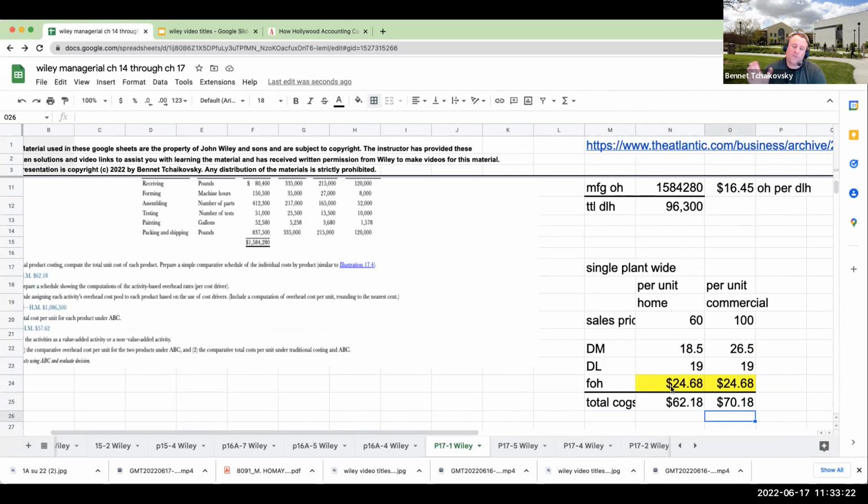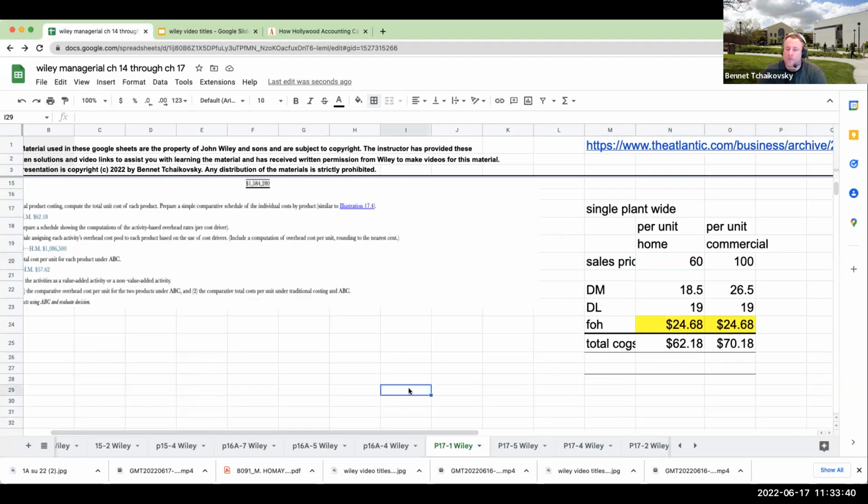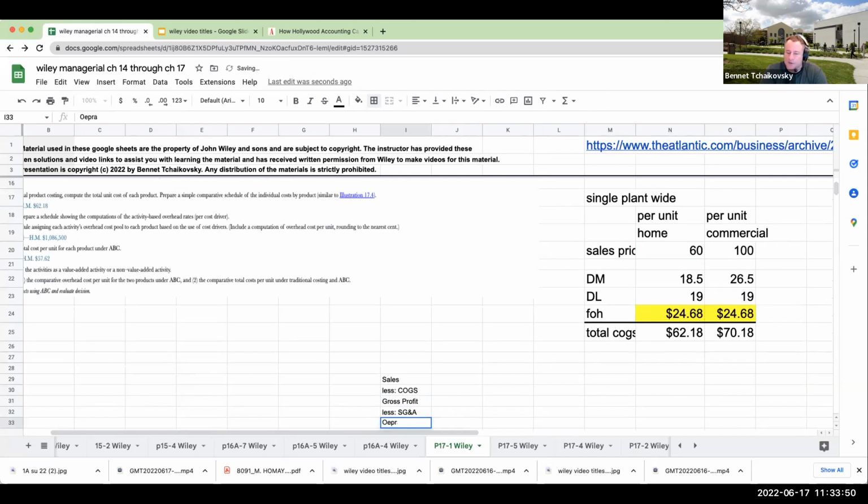Now, what's potentially troubling, and again, I just made up these sales prices to put them in here, is that if I just go with this allocation, am I in fact losing money? Because when we sell something, I've got my sales less my cost of goods sold, which gives me gross profit, less SG&A, which gives me my operating income.